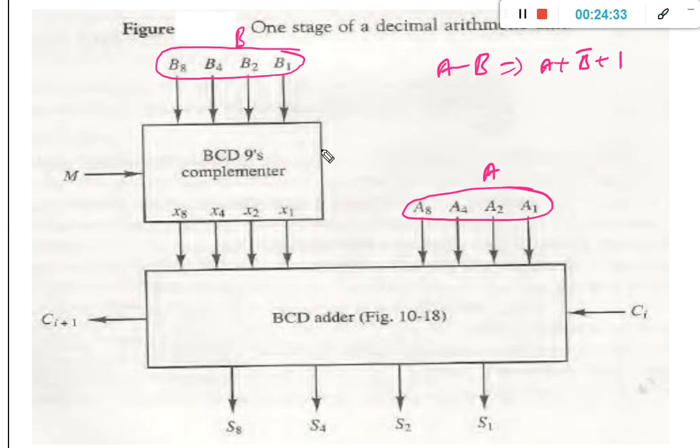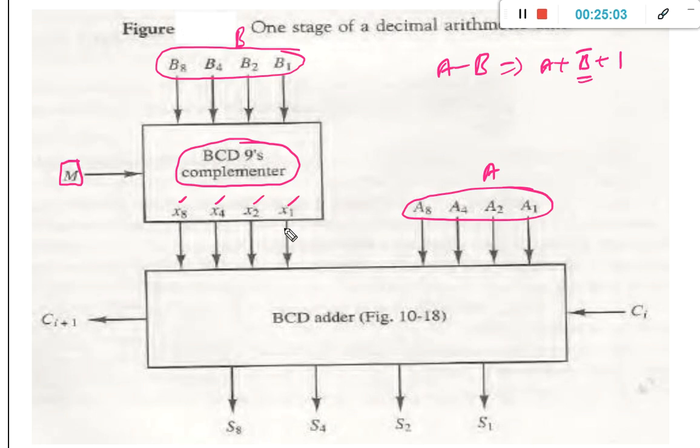So we are going to get the B complement value, that is the 9's complement, using the BCD 9's complementer, using the Boolean functions which we have seen previously, to get the x8, x4, x2, x1 values based on the values of M as well as B8, B4, B2, B1.